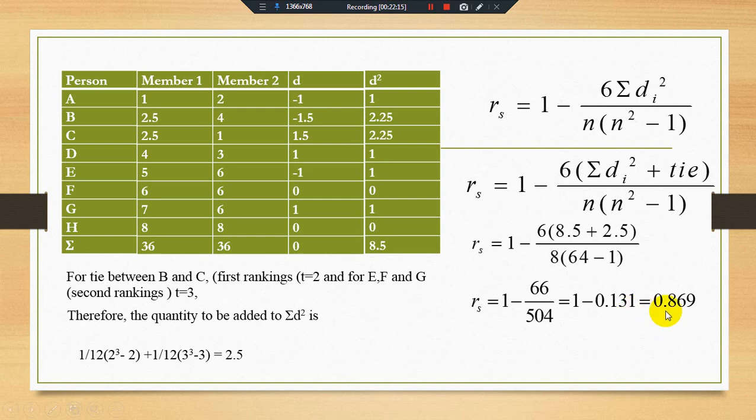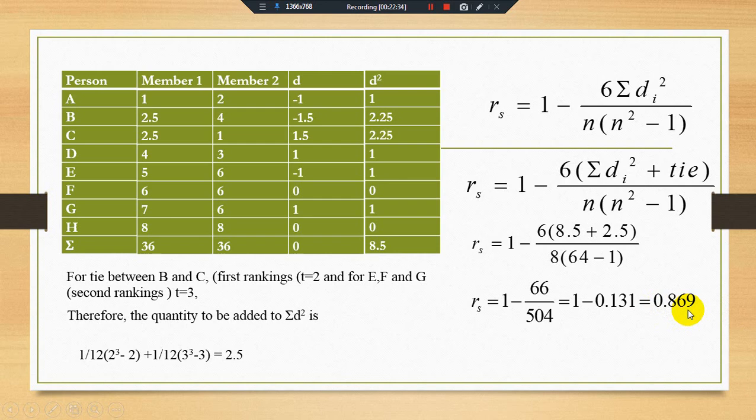After the necessary calculation with the help of a calculator, we get rank order correlation is equal to 0.869.